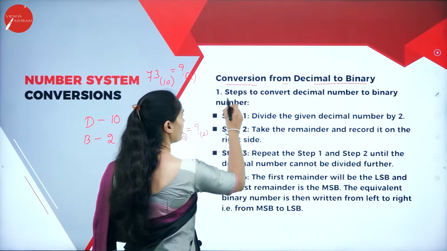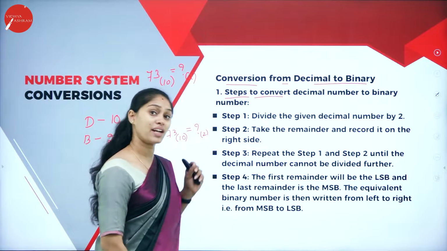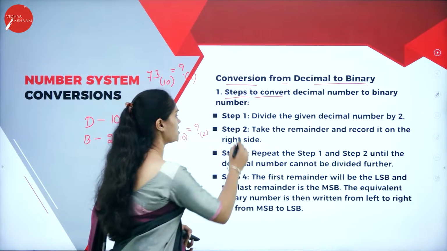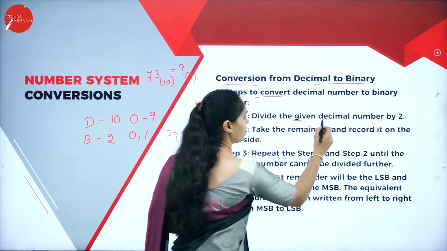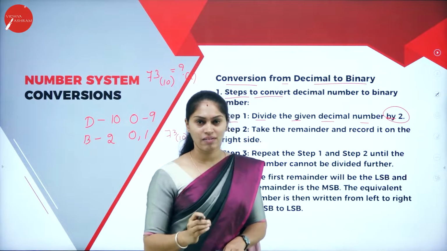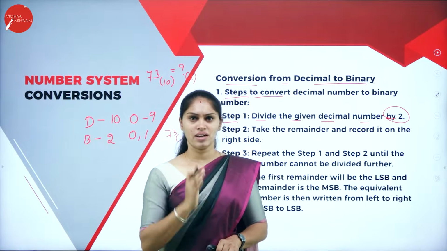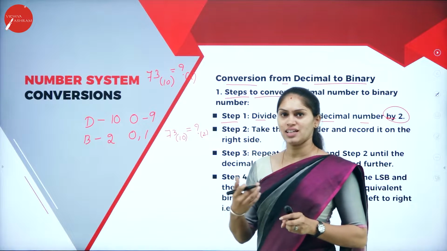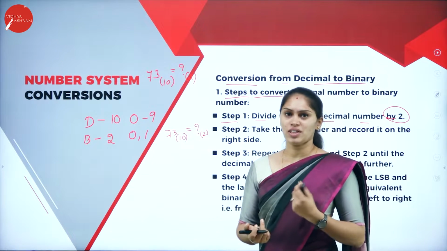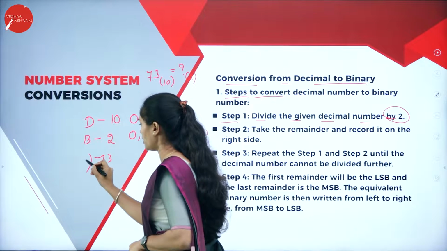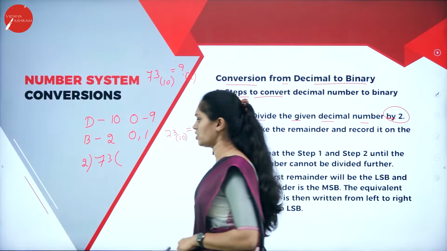So what are the steps we have to follow when we are converting a decimal number to binary? We'll see now. In step 1, divide the given decimal number by 2. What is the first step? We have to divide any given decimal number by 2. So how are we going to do the division normally? If it is 73, let me take 73. Like this you are going to do.